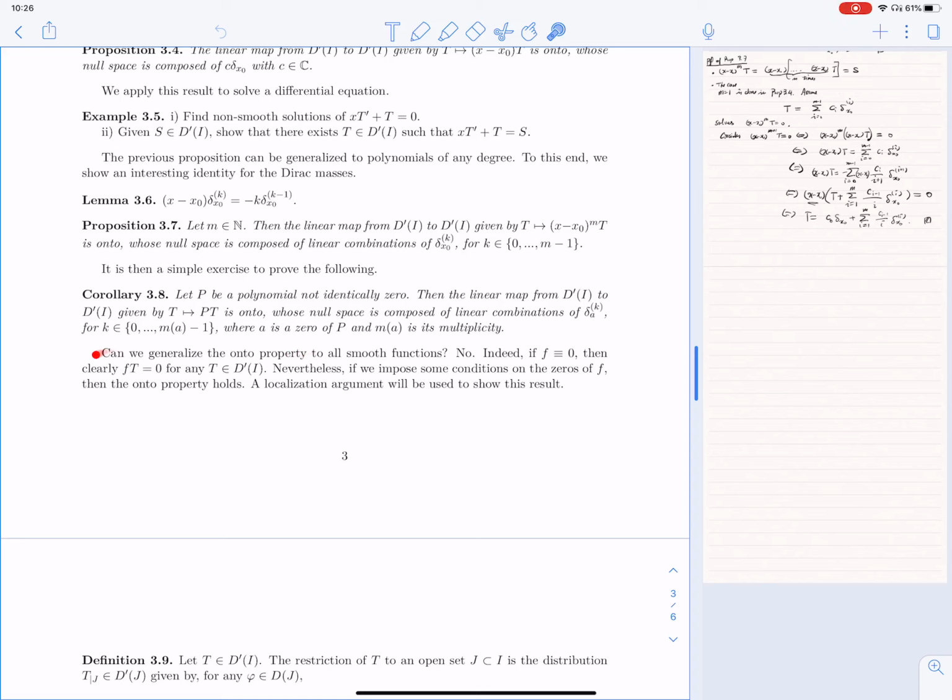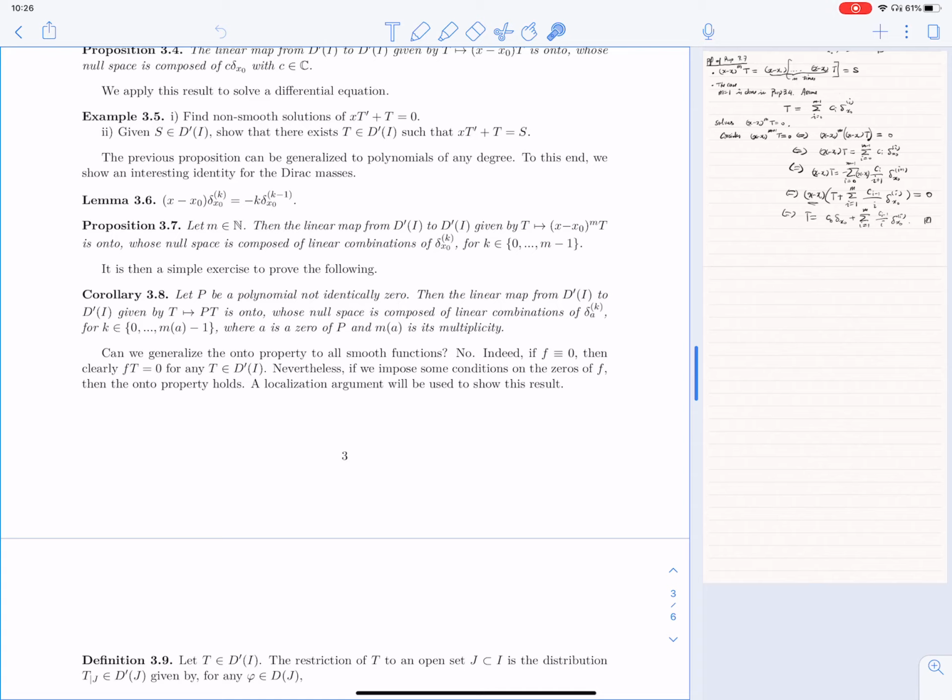The answer is no. Indeed, the question arises if you have a lot of zeros. When the function takes constantly zero value on the interval I, then the multiplication of f and t will give only the zero distribution. So it's not going to be onto.